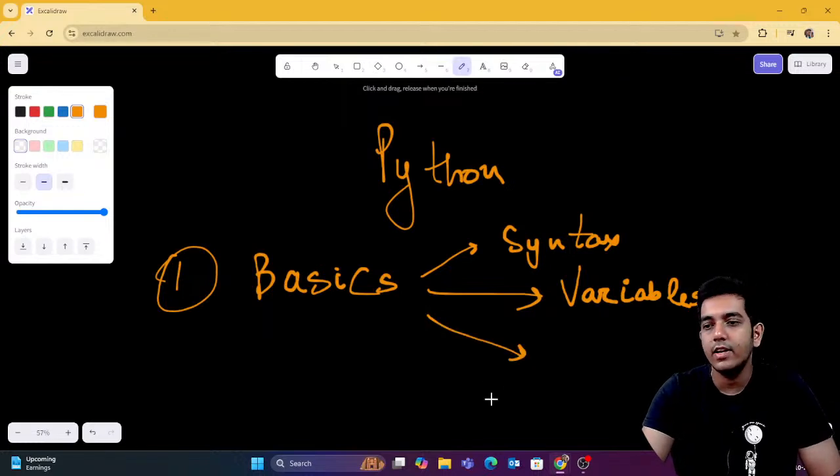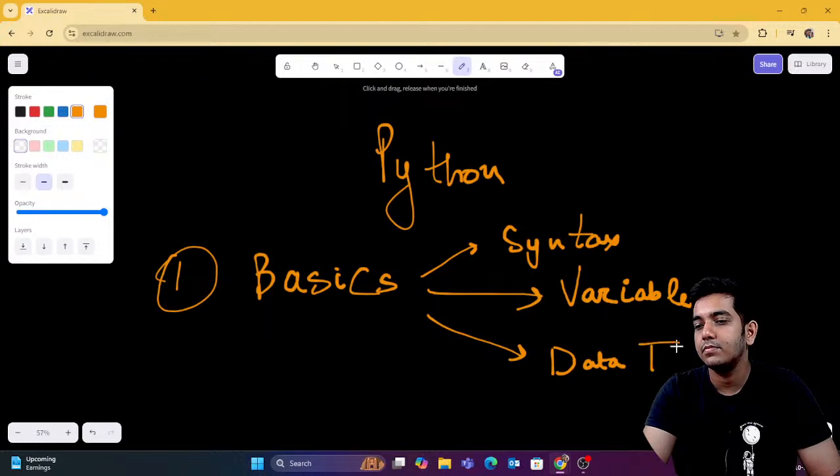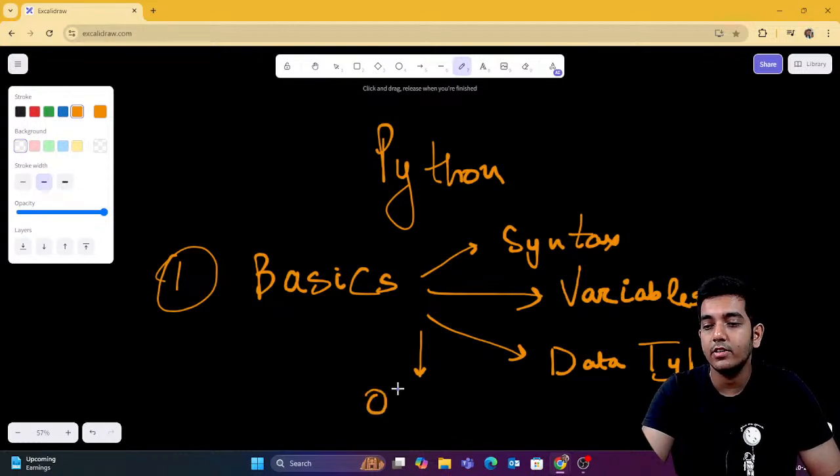Then you learn about data types like integer data type or character data type or string data type. So you are going to learn about data types. Then guys, you are going to learn about operators. That means plus operator, minus operator, multiplication operator, division operator. So operators.